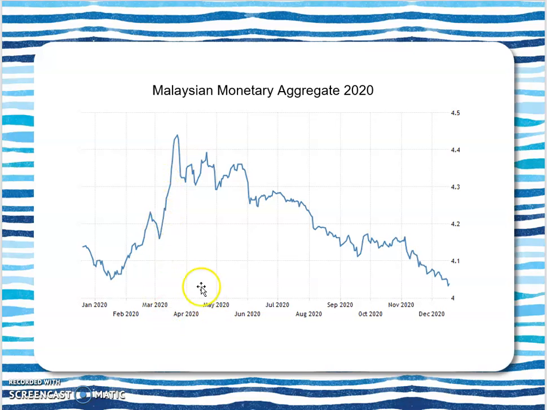In April 2020, we can see that the Malaysian currency is depreciating, with the value of the Malaysian currency at 4 ringgit 40 plus cents compared to the dollar. And now in December 2020, the currency is already appreciating.